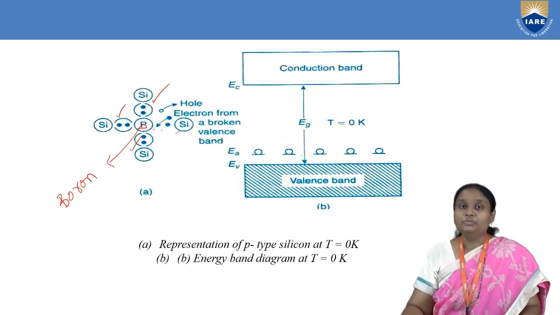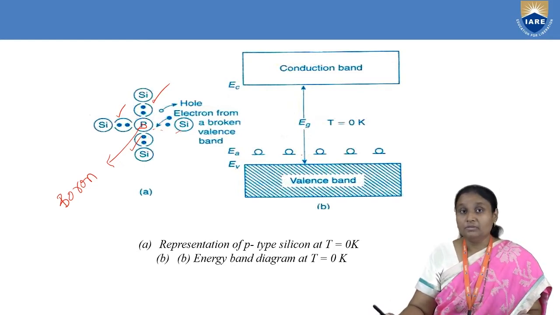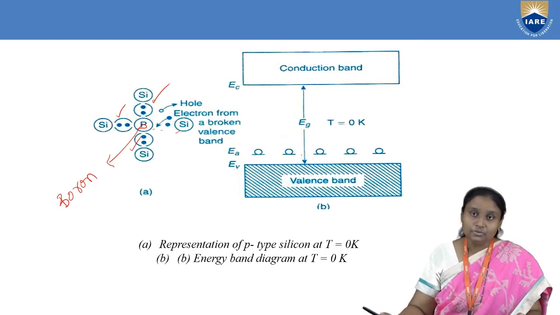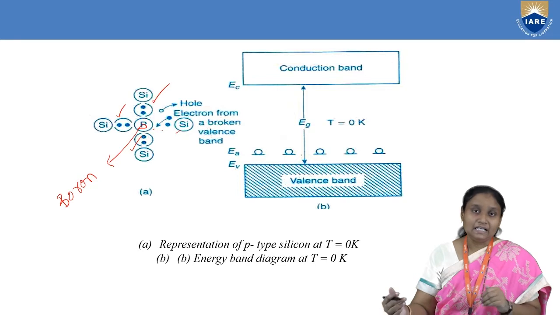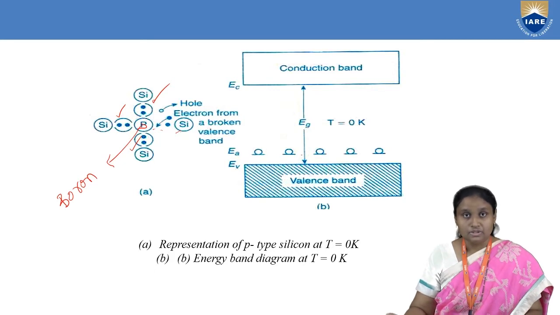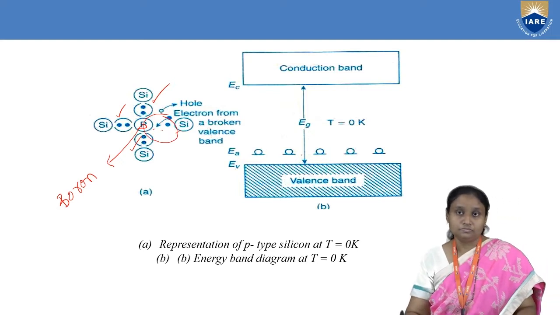Generally group 3 elements have this tendency of accepting electrons, so they have this tendency of becoming negatively charged. So they'll take that electron in the 4th bond and they'll contribute a hole to the silicon atoms. So here in the 4th bond position, we are getting one hole.